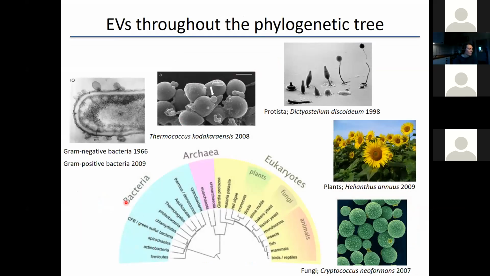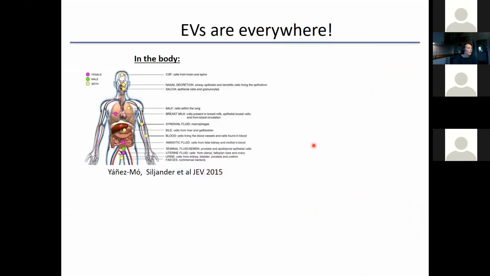And vesicles are released from, here you can see bacteria, where vesicles are budding off, and then you have them all the way to mammals, and so really it's a very conserved way for cells to communicate with each other by releasing these vesicles. And they're everywhere.